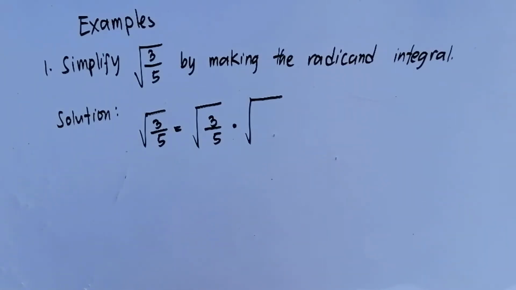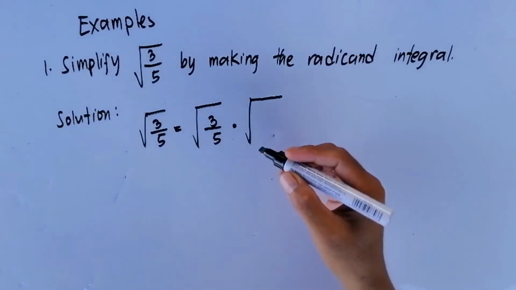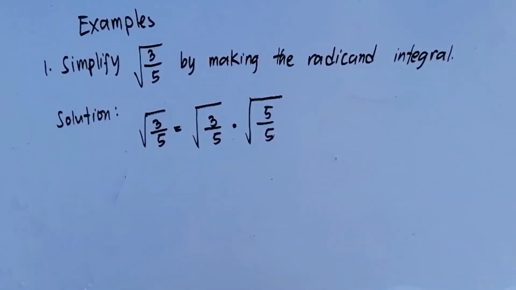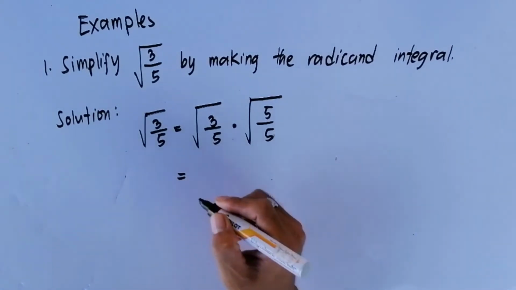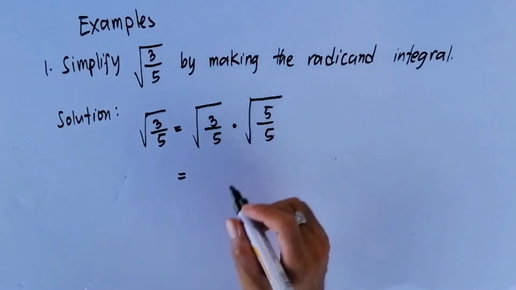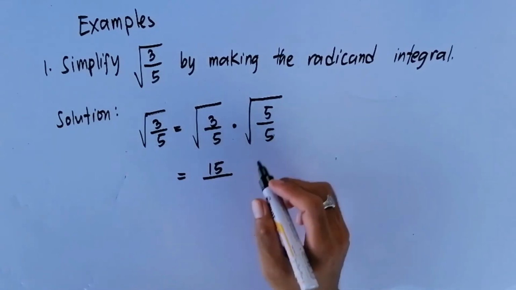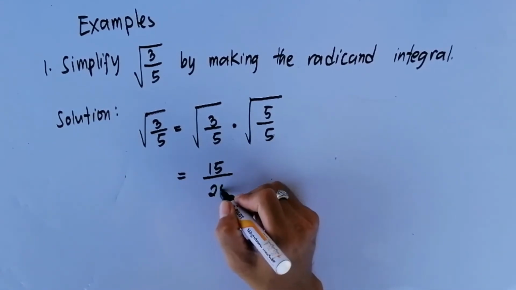Examples, number 1. Simplify the square root of 3 over 5 by making the radicand integral. The solution: the square root of 3 over 5 times, or multiply the radicand by 5 over 5 to make the denominator a perfect square. So equals 3 times 5, that is 15, over 5 times 5 is 25.